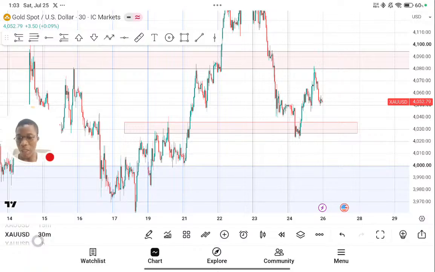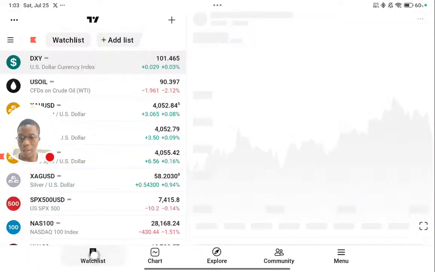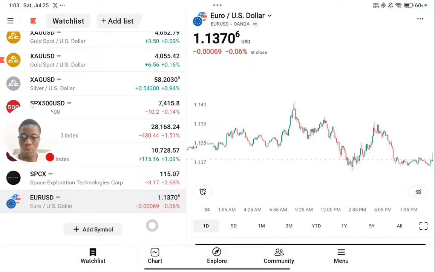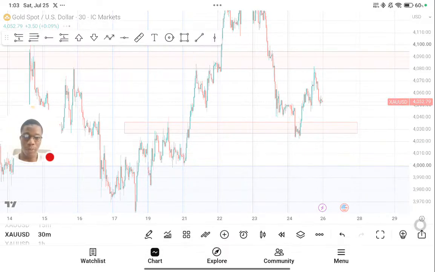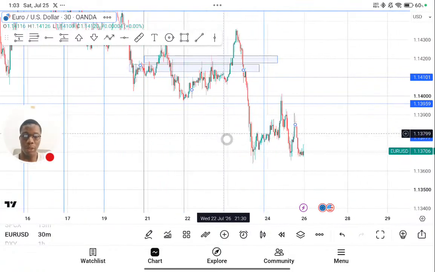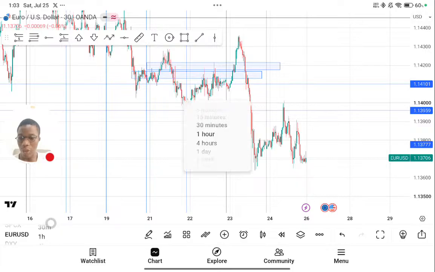Let's pick a different asset. Let's pick, for example, Euro USD. So that's how you identify your support and resistance. We do the same process.